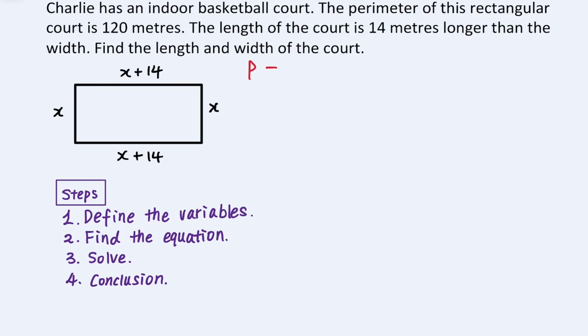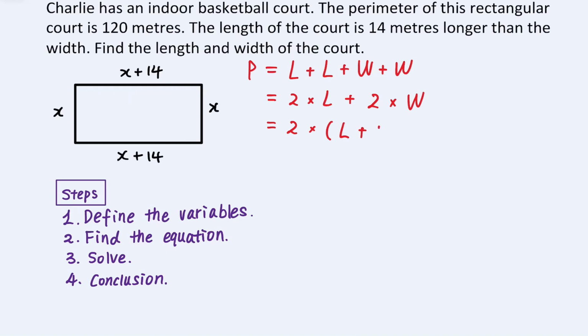And I know P for perimeter is equal to length plus width plus length plus width, or I can also write this as 2 times length plus 2 times width, so if you collect like terms. Or if I factorize it, it can be written as 2 times bracket length plus width bracket. So they're all the same, they all represent the perimeter here.